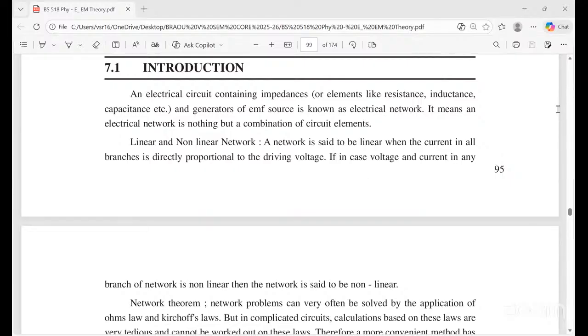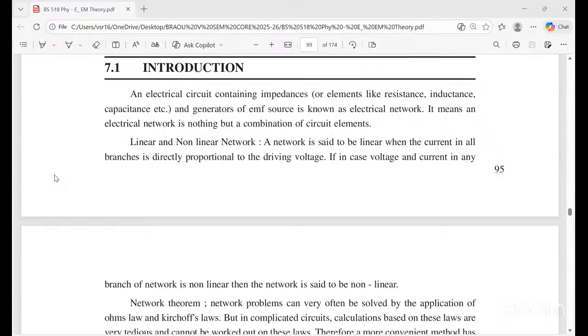Starting onwards, we are discussing that if any electrical circuit is there, it may contain impedances or elements like resistor, inductor, capacitor, generators, EMF sources. If all these are present, you can call it an electrical network.